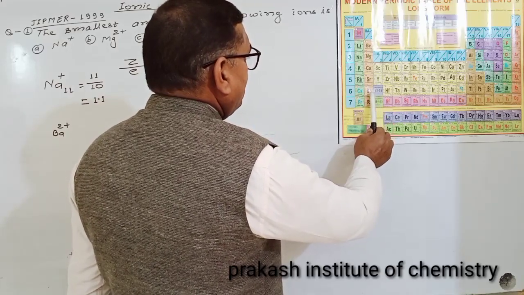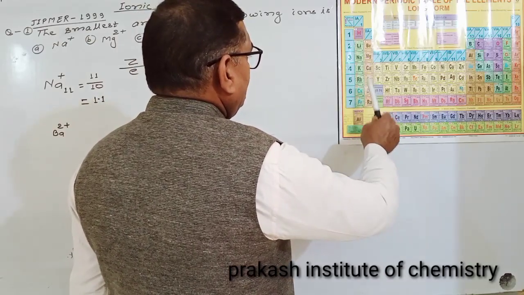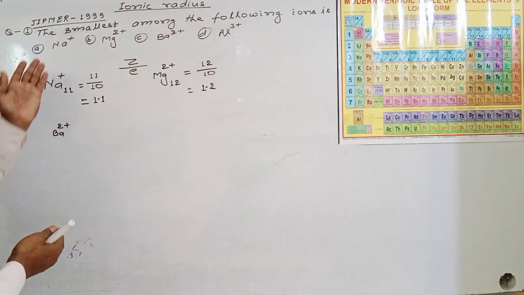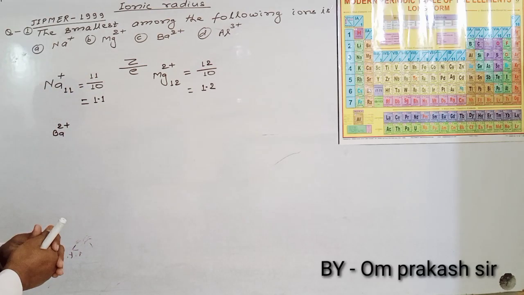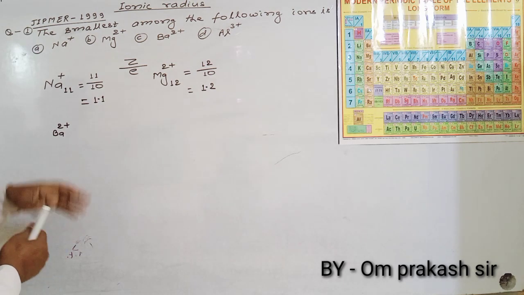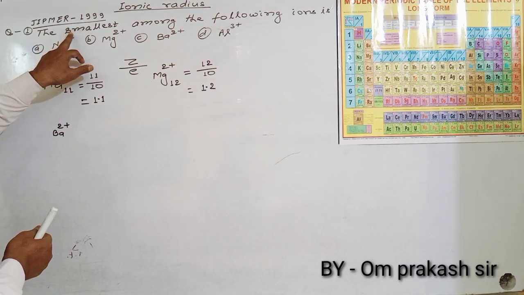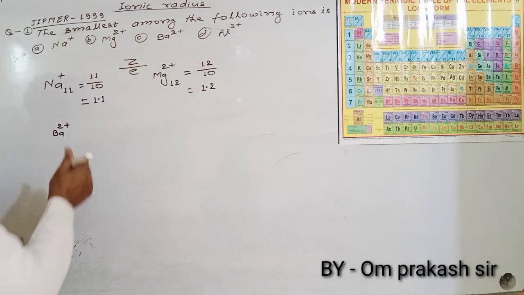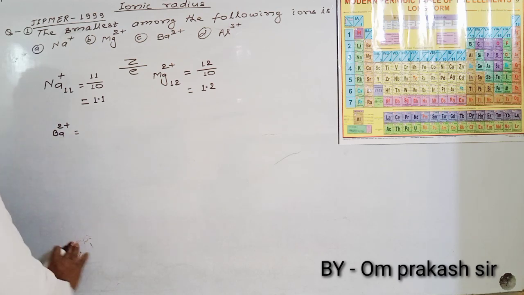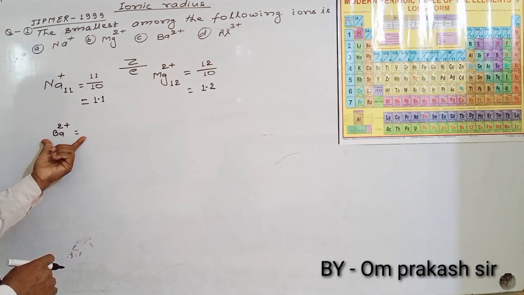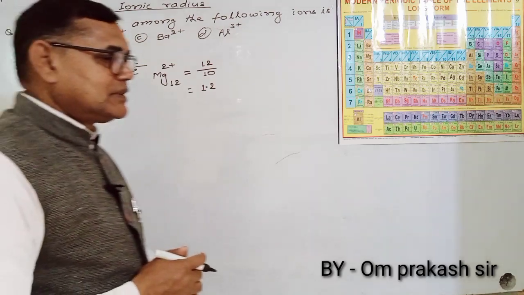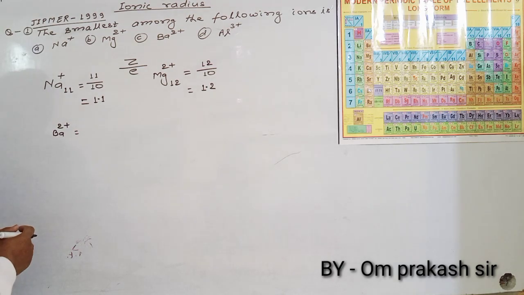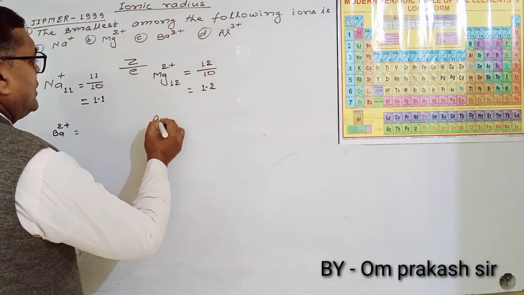Therefore, the ionic radius of barium is very big in the options, but we have to find the smallest ion. It is the biggest ion in the options. Now we write here aluminum ion.